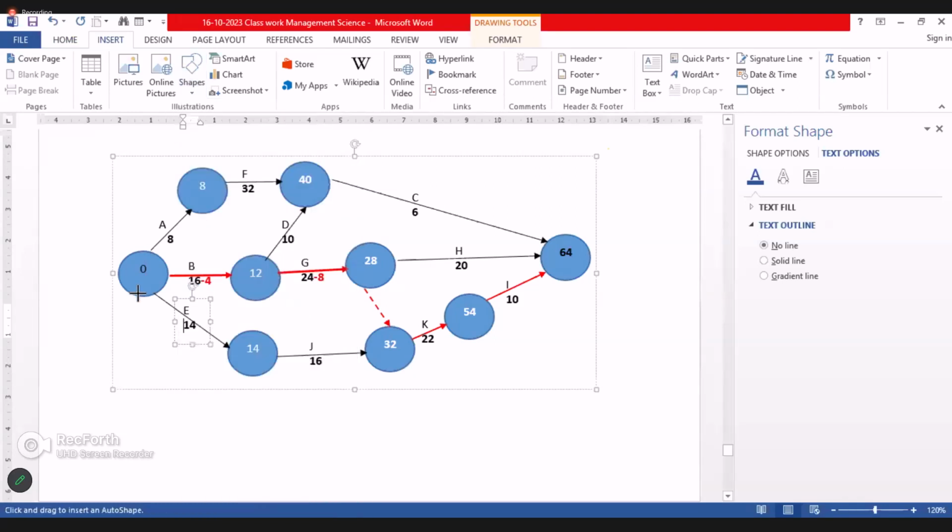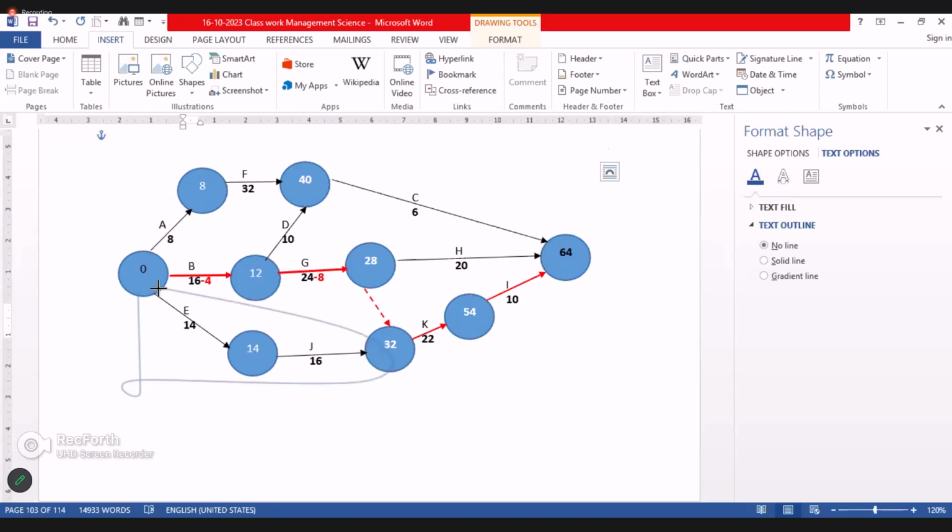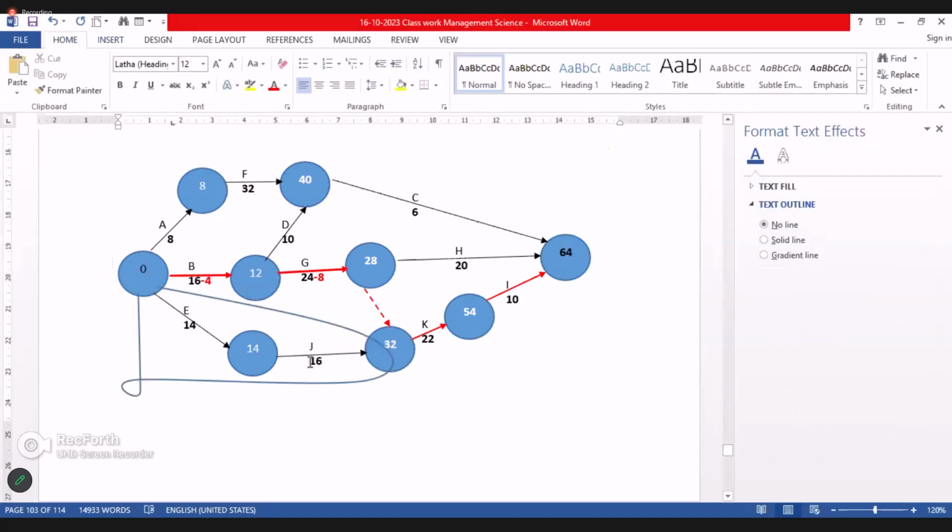If you look at this part, up to this range, tell me, 14 plus 16, how much? 30, no? So if you make this adjustment, we cannot do it. How many days can we adjust in B? Instead of 4 days, how many days can we adjust? Anybody?